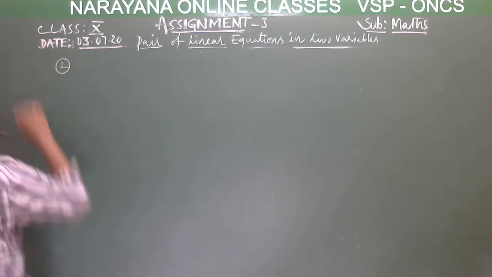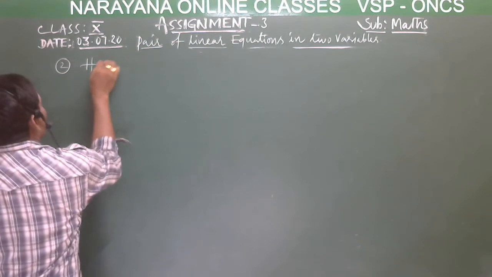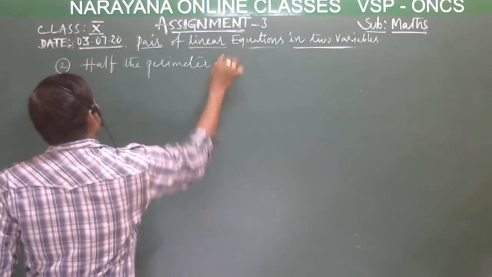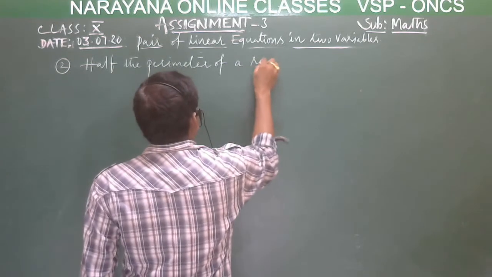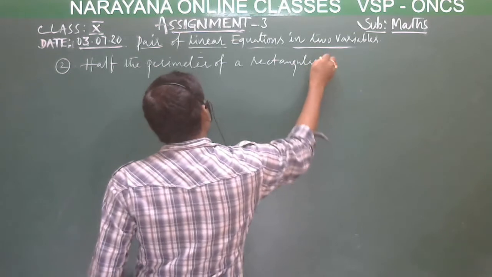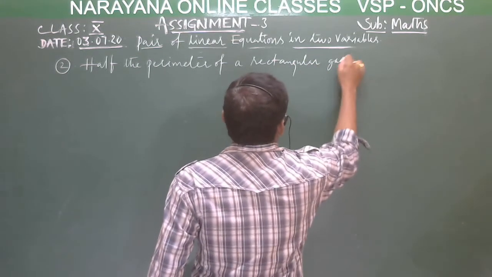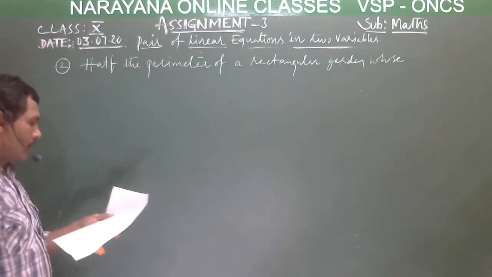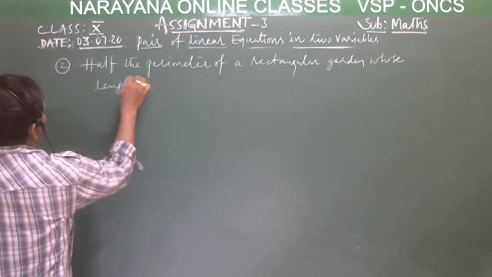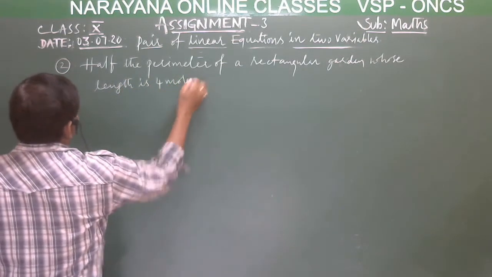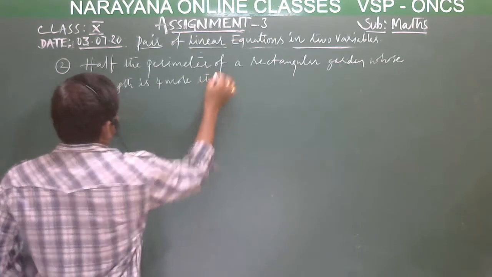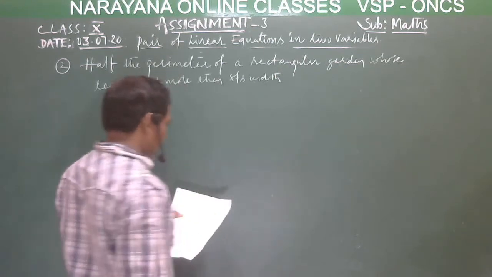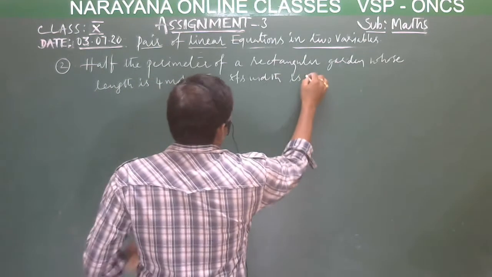Second question. Half of the perimeter of a rectangular garden whose length is 4 more than its width is 36 meters.